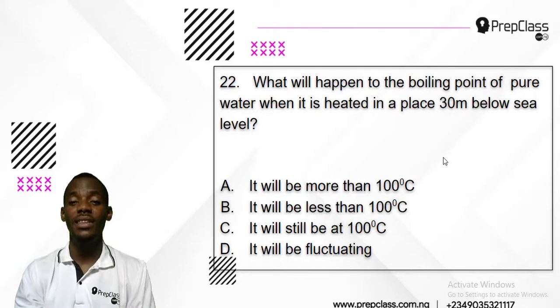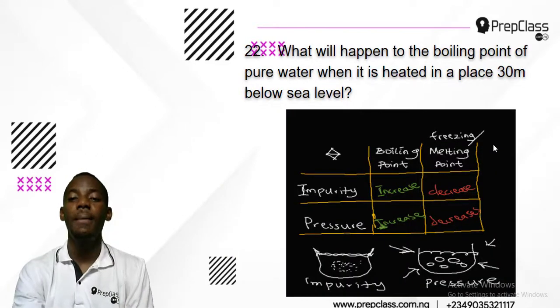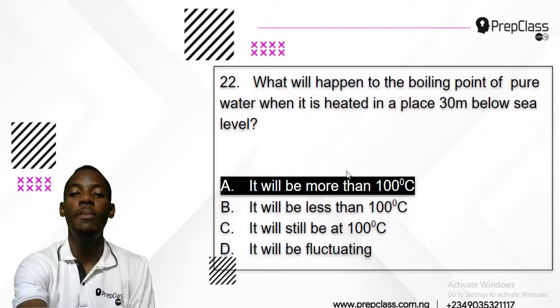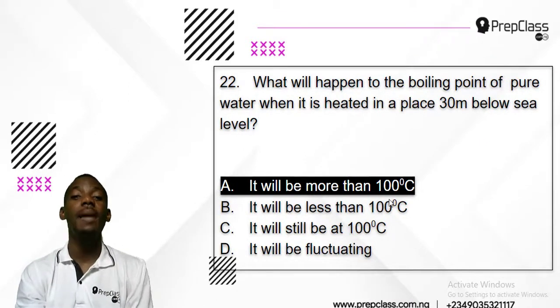So now there's high pressure under the sea, at 30 meters below the sea level. High pressure will increase the boiling point. So the water will boil at more than 100 degrees Celsius, because there is high pressure at 30 meters below the sea.